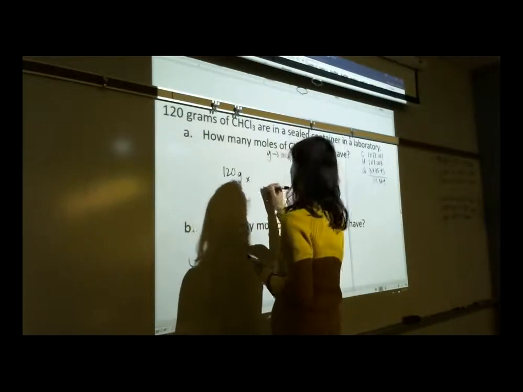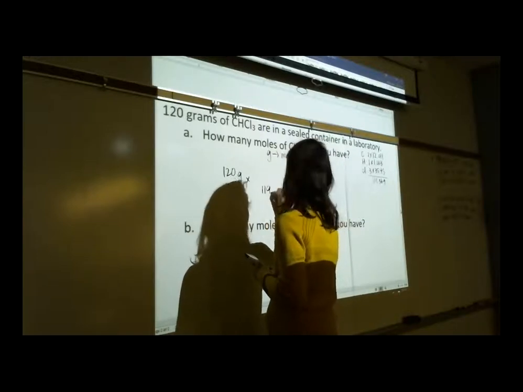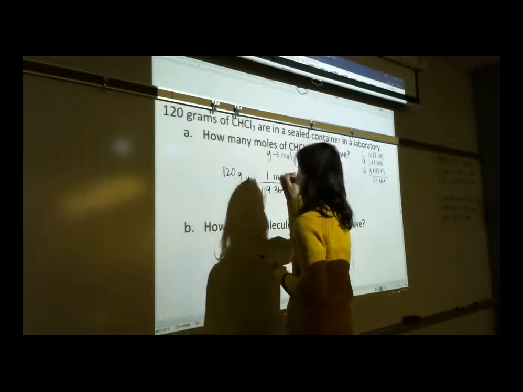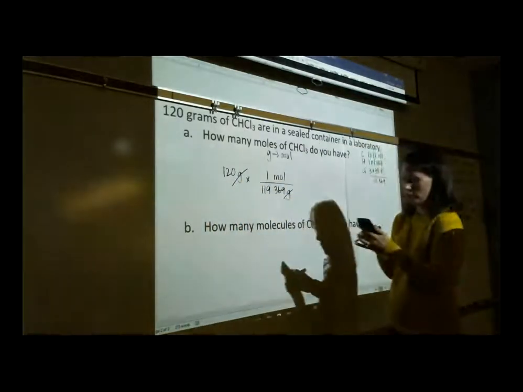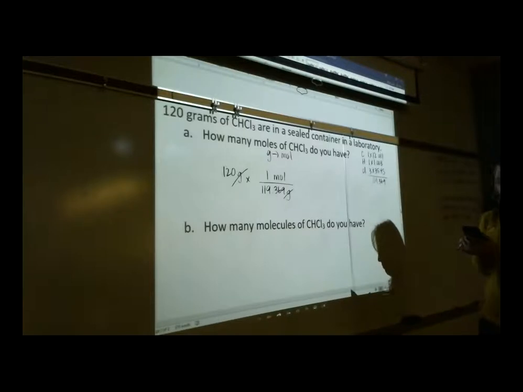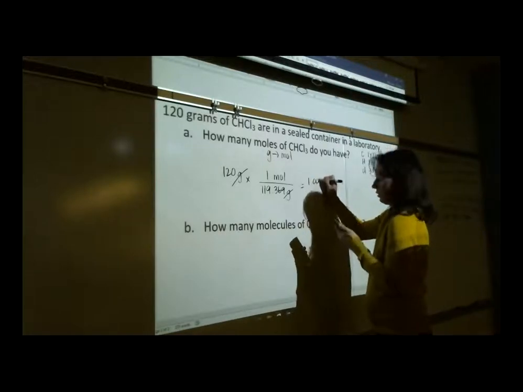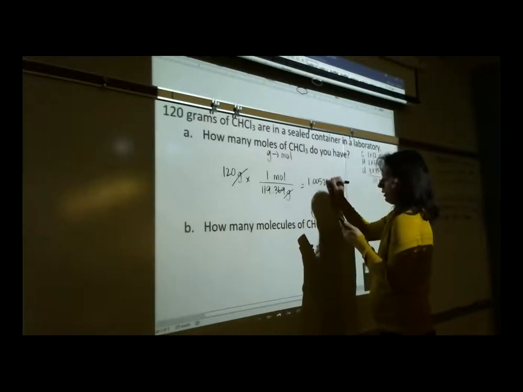We're converting grams to moles, so 119.369 grams in every 1 mole. So 120 divided by 119.369. My calculator spits out 1.00528.